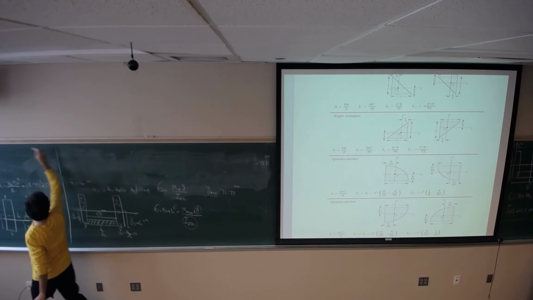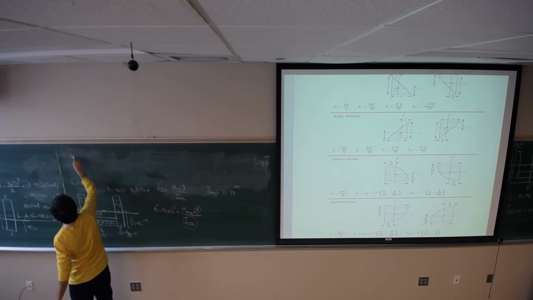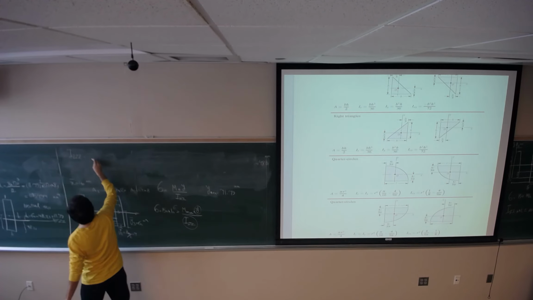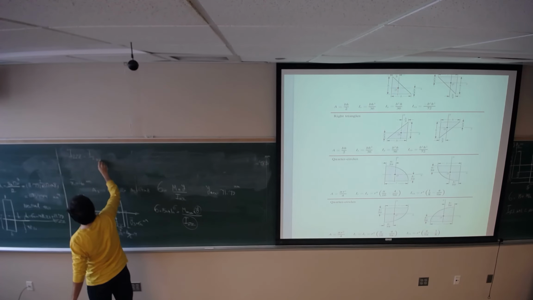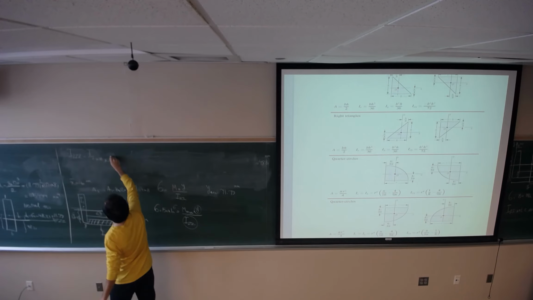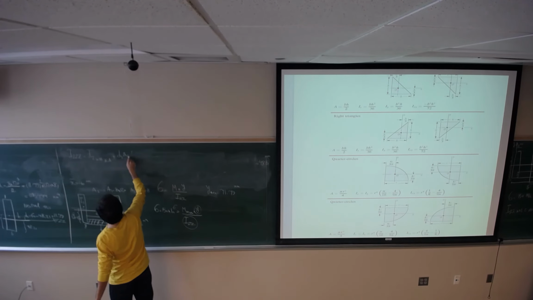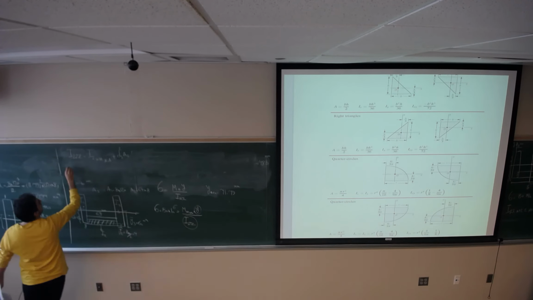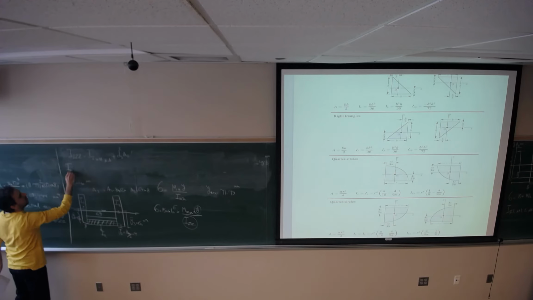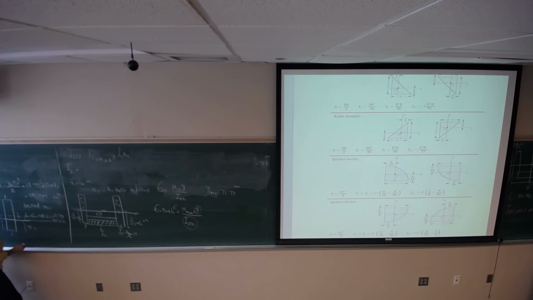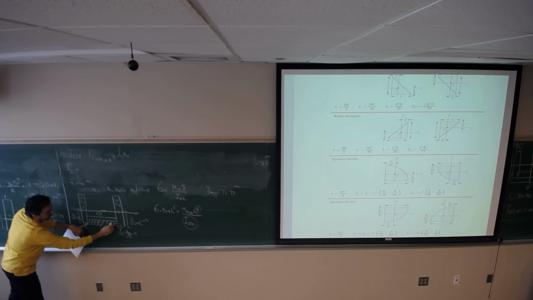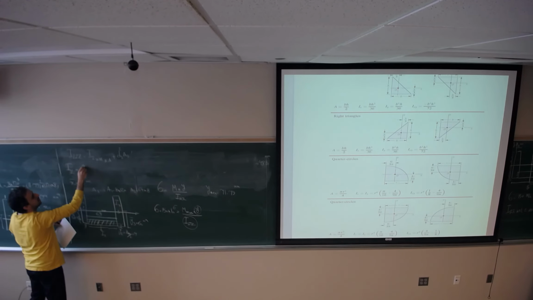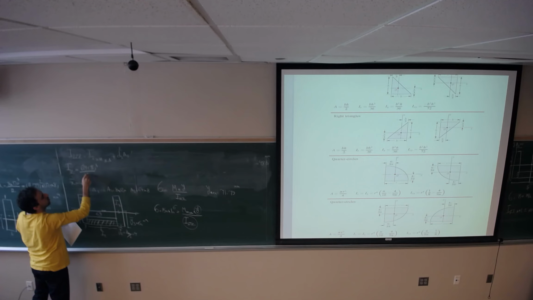Second term, I2ZZ. It's going to be I2 with respect to its neutral axis plus D2 squared times A2. I2 with respect to its neutral axis is going to be 64 times 8 power 3 divided by 12.